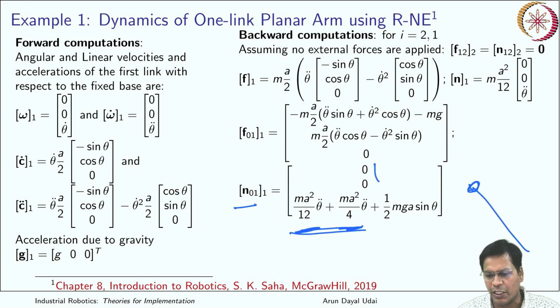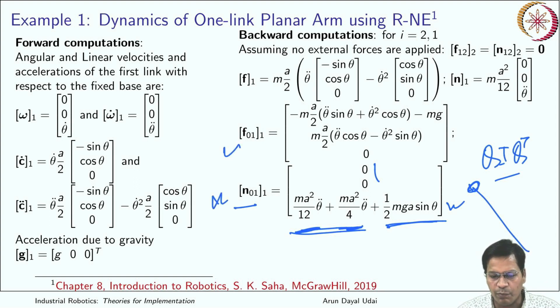Moment of inertia can be transformed using Q transpose. So that is equivalent to applying the parallel axis theorem, and this is the added torque due to the gravitational pull. So this is the net torque that acts at joint 1. Okay, so that is the force, this is the moment.